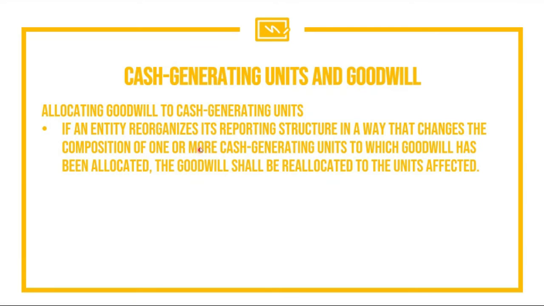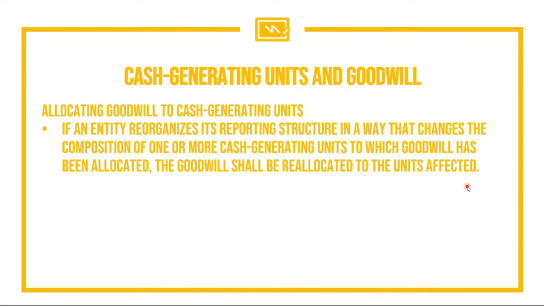Okay? If an entity reorganizes its reporting structure in a way that changes the composition of one or more CGUs to which goodwill has been allocated, the goodwill shall be reallocated to the units affected. So meaning, initially you have a different grouping of CGU.